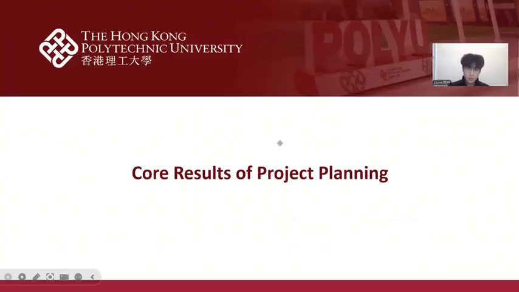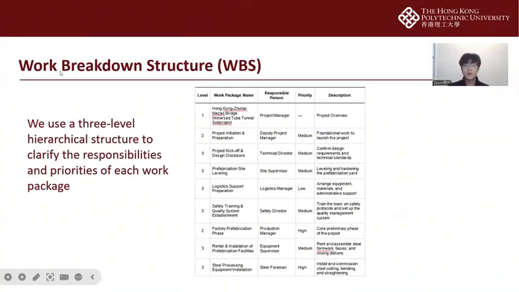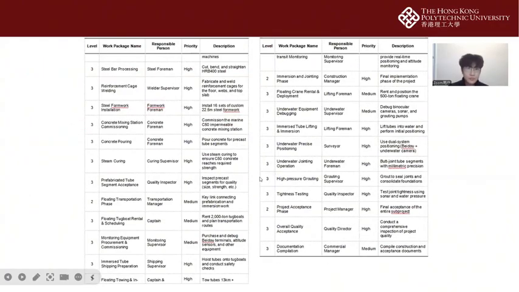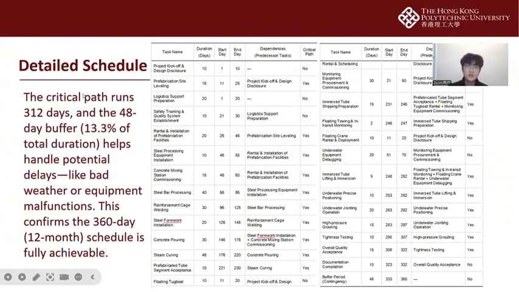Well, this part is called results of project planning. First, the work breakdown structure. We use a three-level hierarchical structure to clarify the responsibilities and the priorities of each work package. You can see levels 1 to 3 and the priorities: low, medium, and high. Second, the detailed schedule.